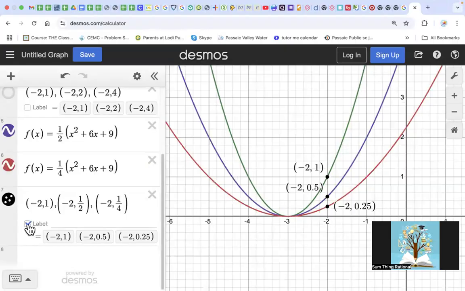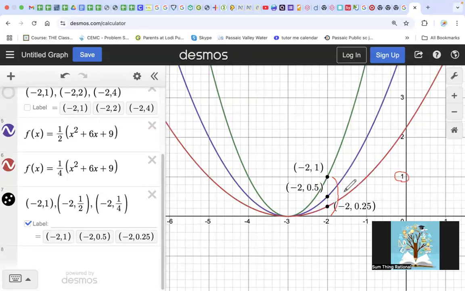So how do we understand that compression? By finding some points on the same vertical line. Let me open my annotation here. As you see on the green graph, how much is the distance to the x-axis? The distance is 1 unit.